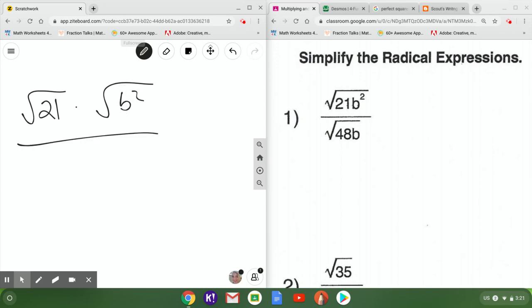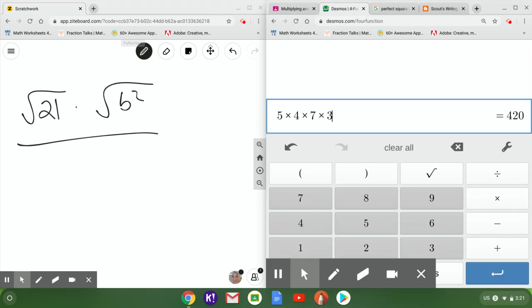And the bottom one, is 48 divisible by 21? No, it is not. But it is divisible by 4. Is it divisible by, oops, that's not what I meant to do.